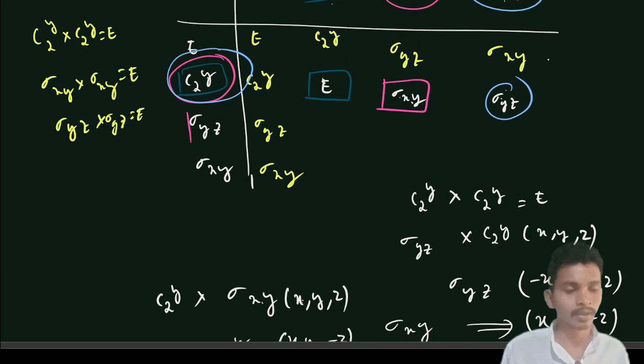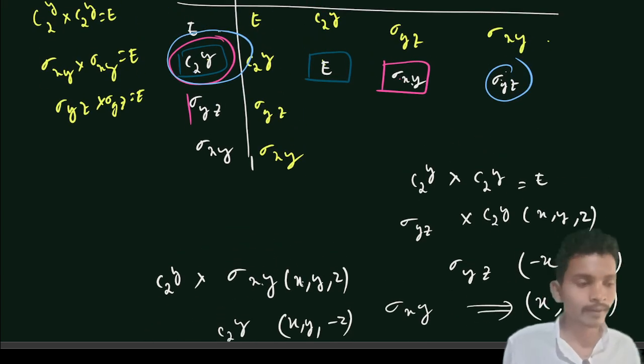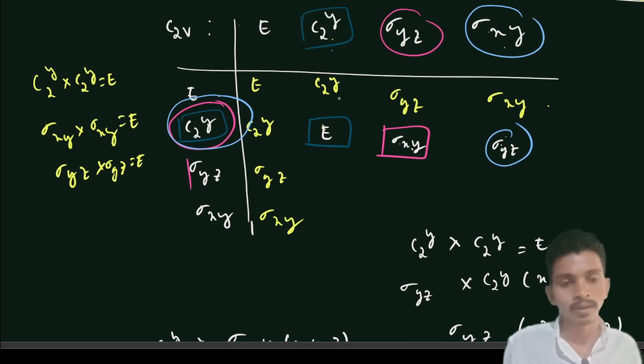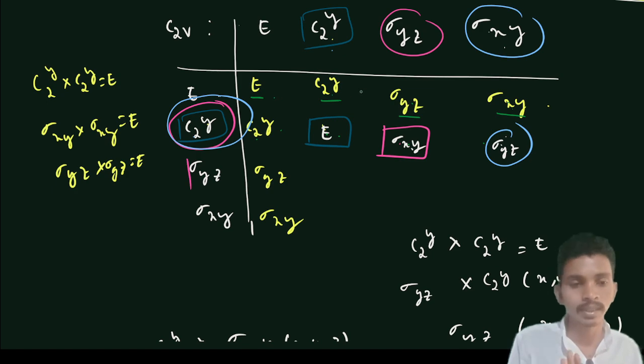Okay, so if you notice carefully, whatever symmetry operations are there, like this symmetry operation, this one, this one, this one, the same symmetry operations are repeated here. See, this came again, this came again, this came again. Means whatever the symmetry operations are there, the same operations will come here.